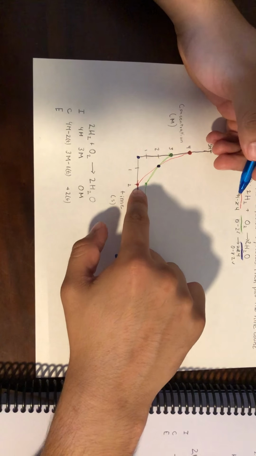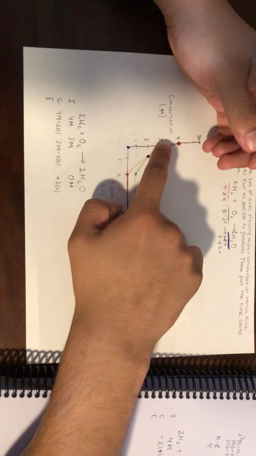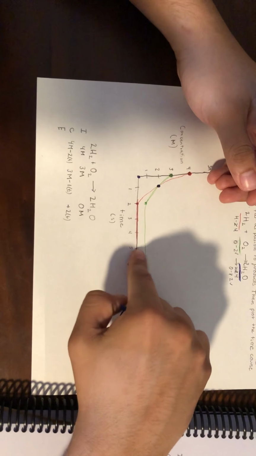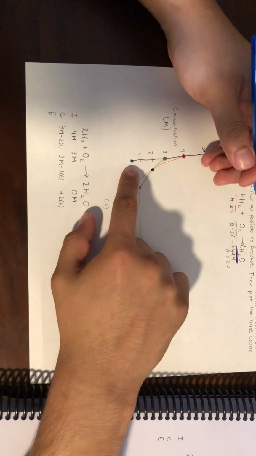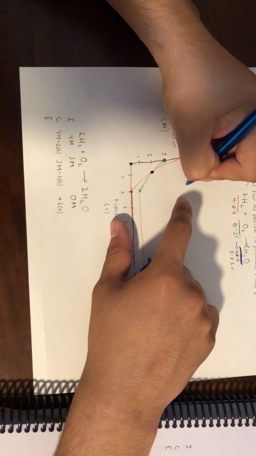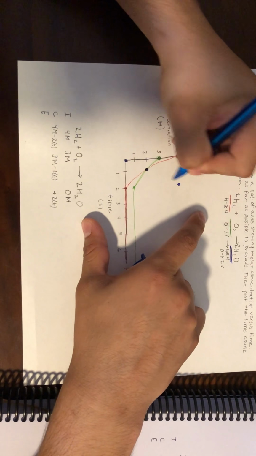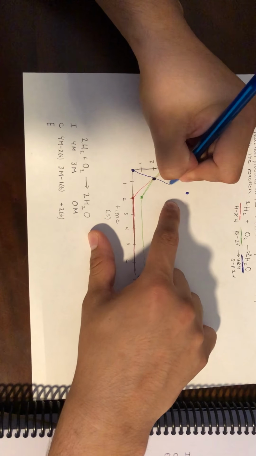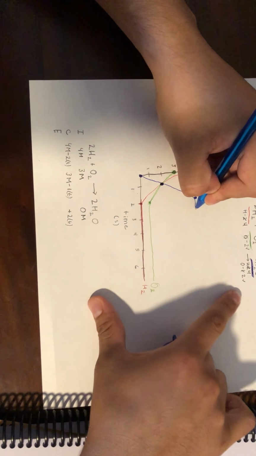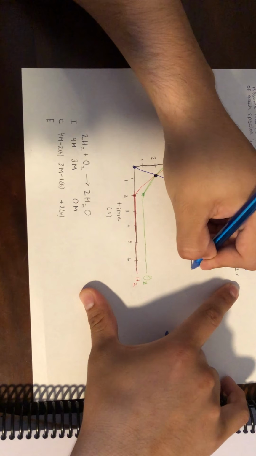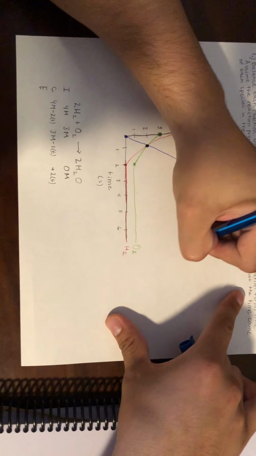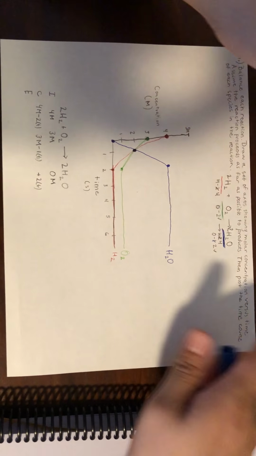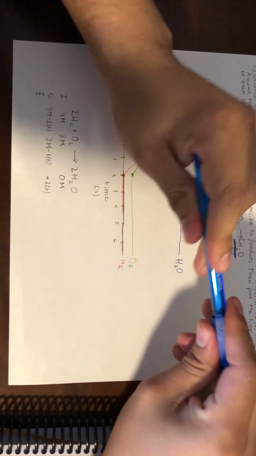And then at 2 seconds, remember that the hydrogen was the limiting reagent. So right here we're going to stop, and it's going to be at 4. But again, it's going to go constant all the way to the end. And that is your H2O. And that is how you solve this problem.